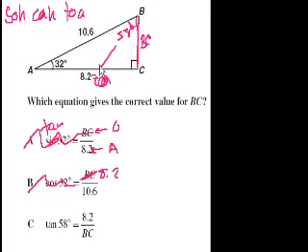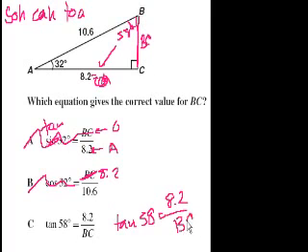So the tangent of 58 is equal to the opposite side, 8.2, over its adjacent side, BC. BC was opposite the other angle, but it's adjacent to this angle. So that's what they wrote. So choice C is correct.